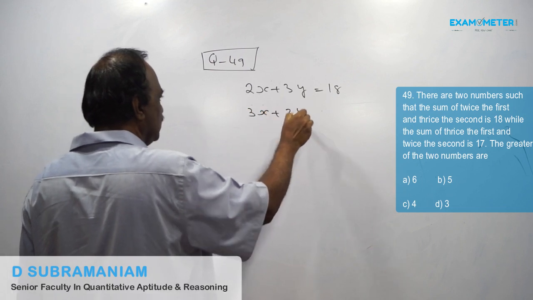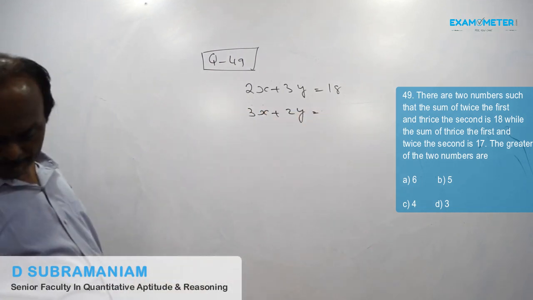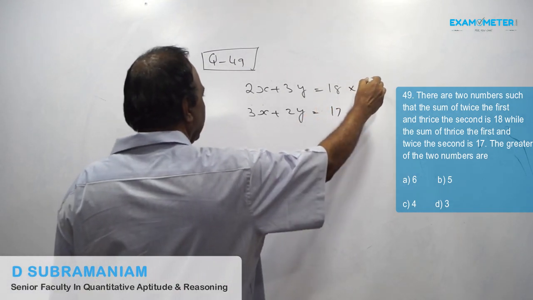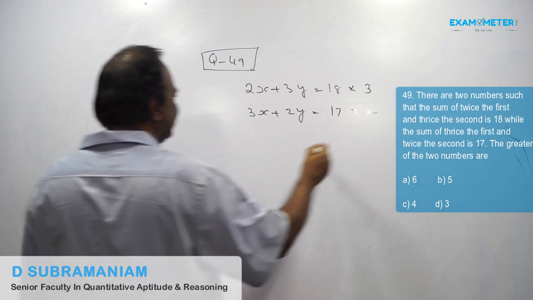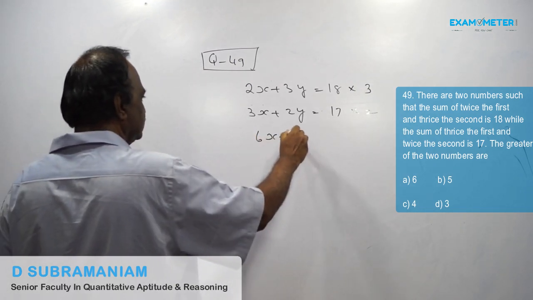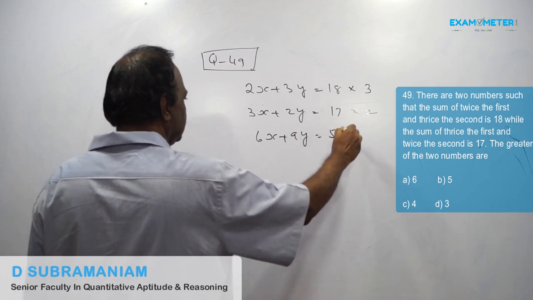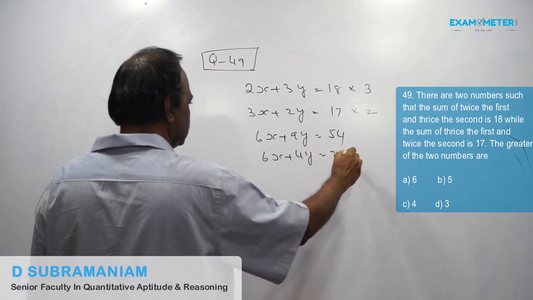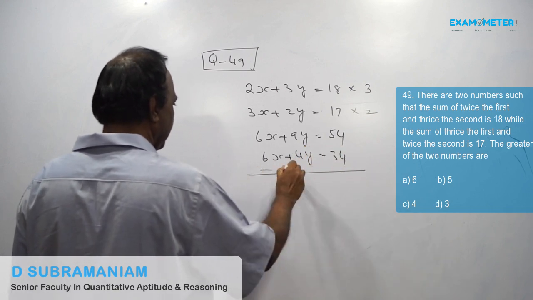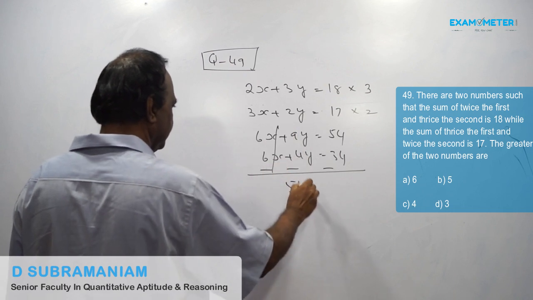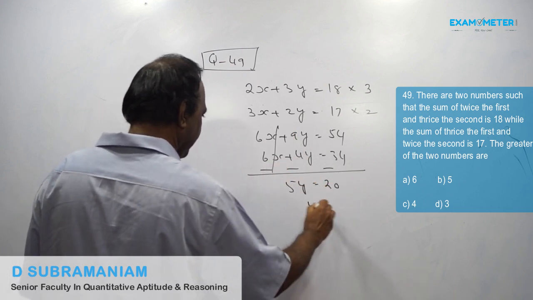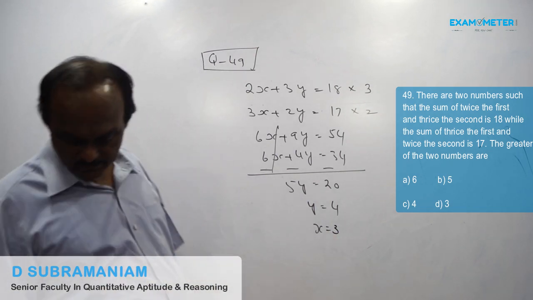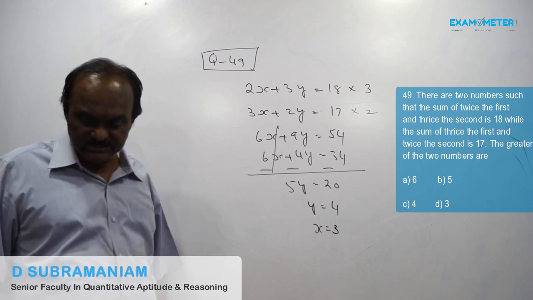Thrice the first and twice the second is 17. So answer is 4.